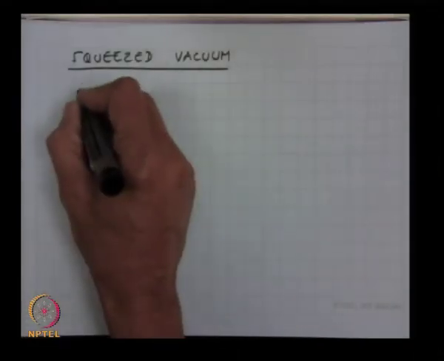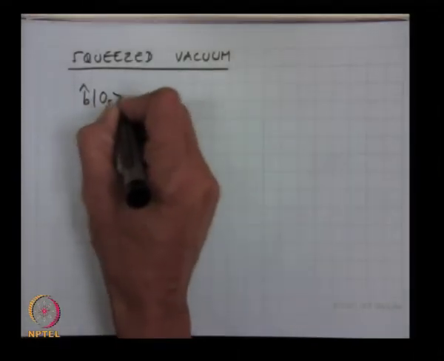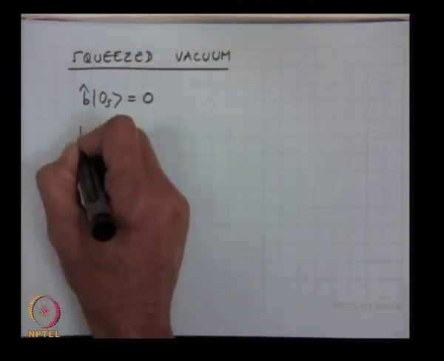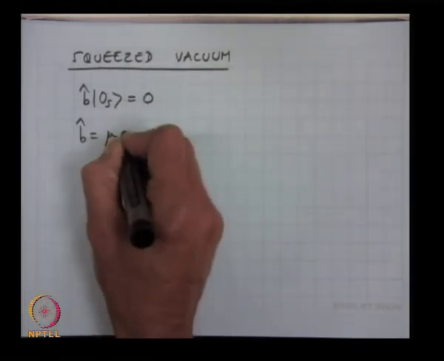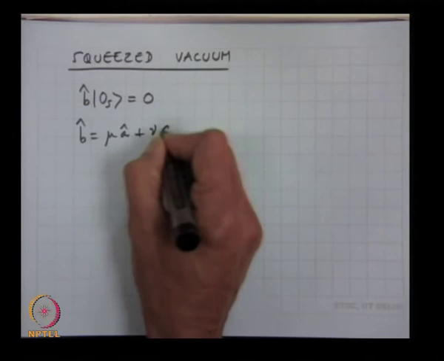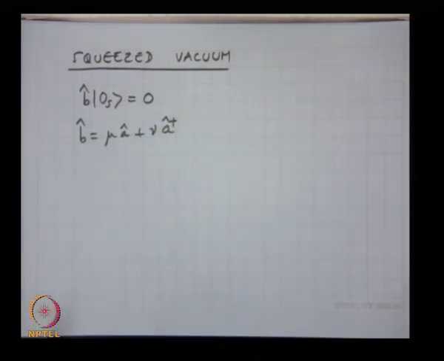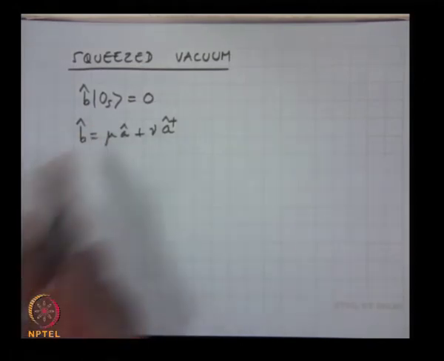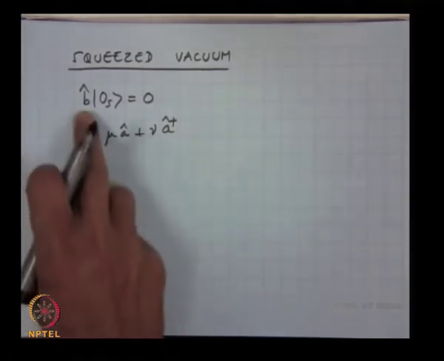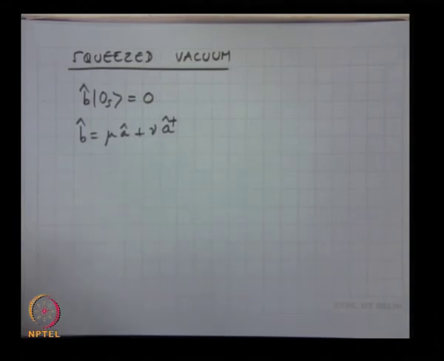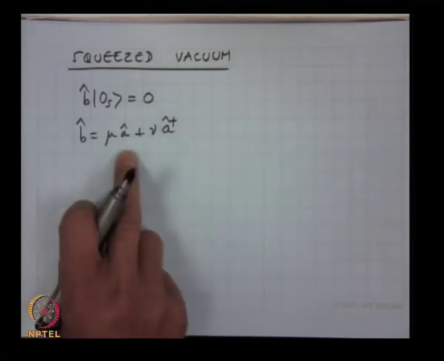Okay, how do I define squeezed vacuum? It is a state which satisfies this equation, where b is an operator given by mu a plus nu a dagger.